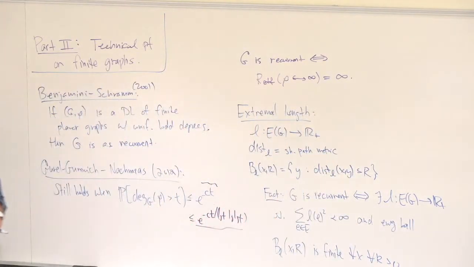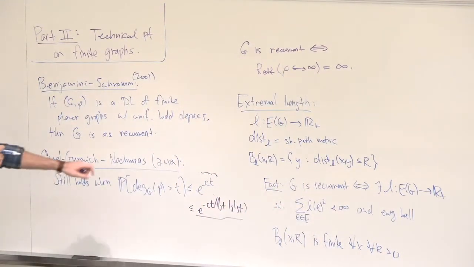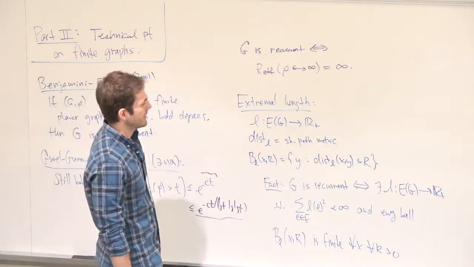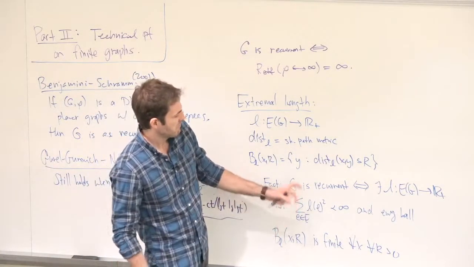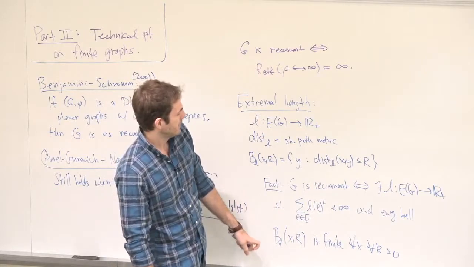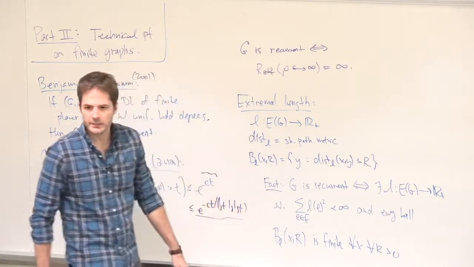Okay, so this is just a reformulation of the effective resistance condition: there exists a metric which has bounded area and which makes all the balls in that metric finite.